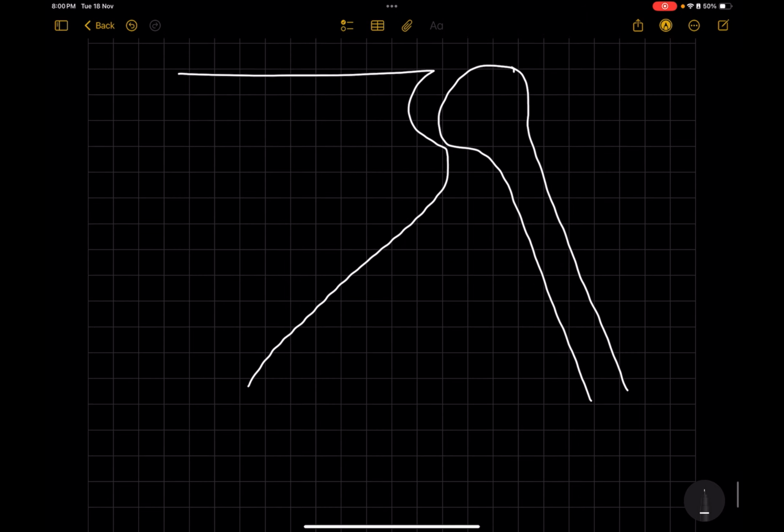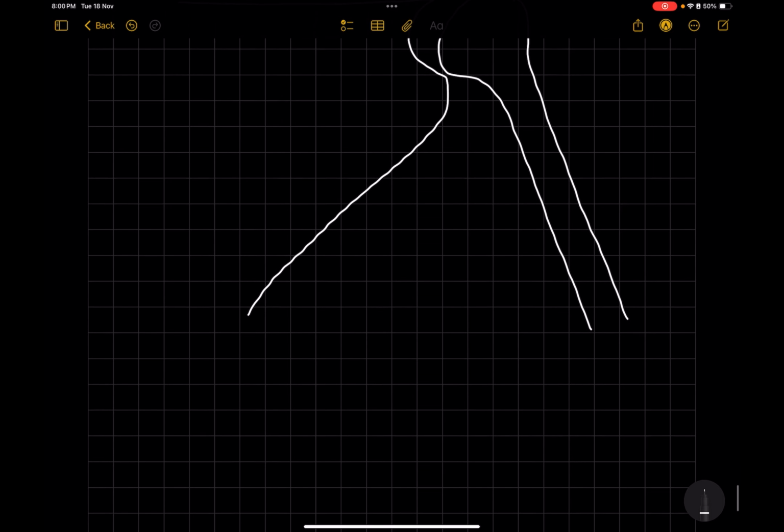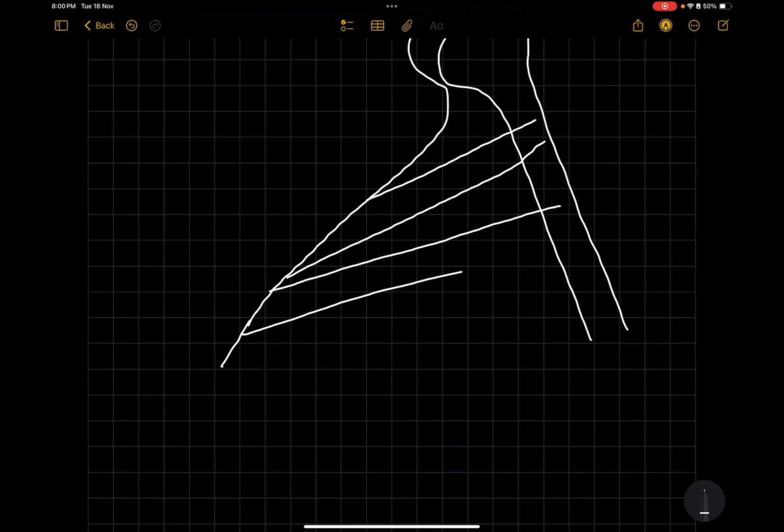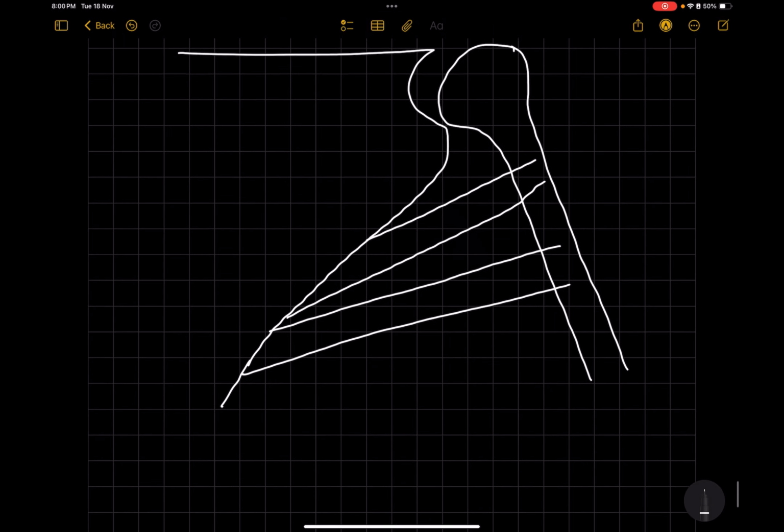Then you have to show three particular muscles. What are those three particular muscles? This is your first muscle, this is your second muscle, let's extend its space, and this is your third muscle.